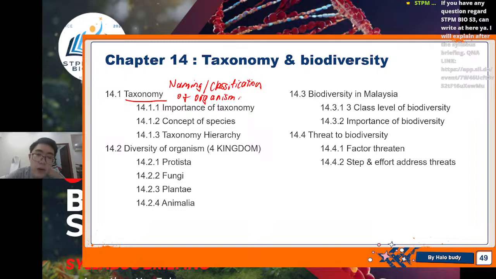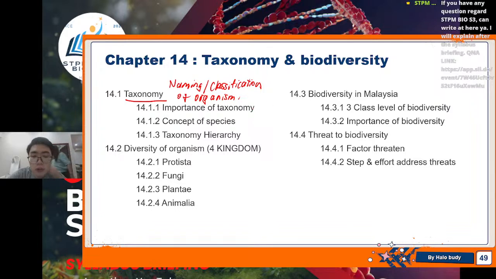In our world, there are many billion types of organisms, including human, animal, plant, bacteria, and microorganisms. All of these are classified as organisms. So how do we name them and how do we classify them? This is why we want to learn taxonomy.